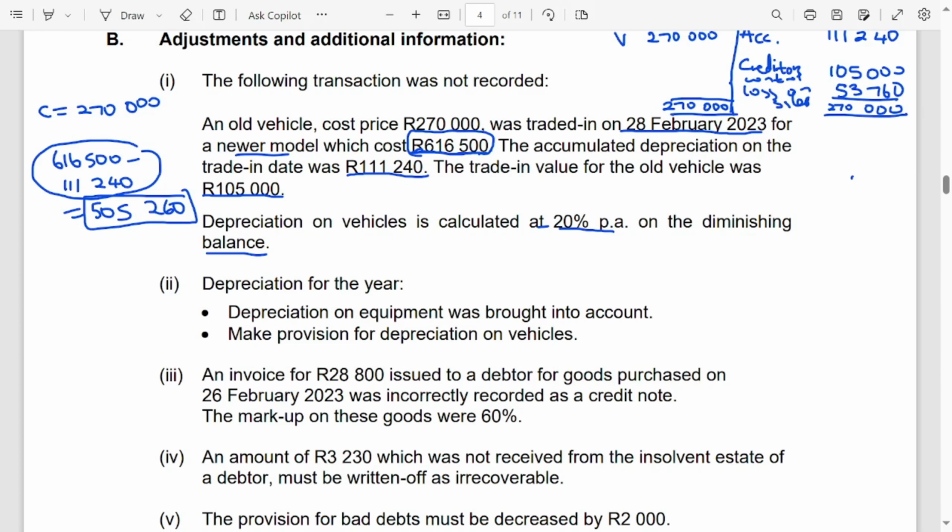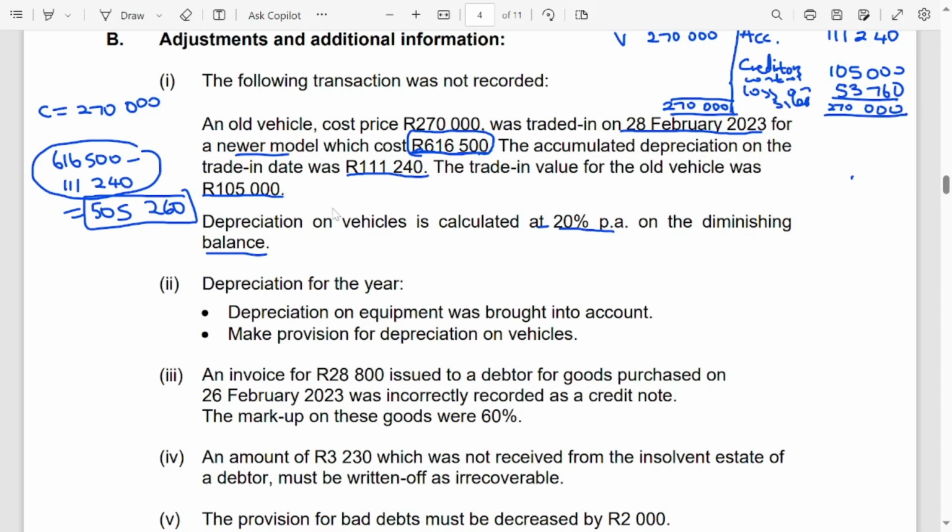But then they are saying the purchase of goods on 28 February 2023 was incorrectly recorded as a credit note. So it was recorded as if the debtors are returning the goods to us, while the business was selling the goods to the debtors.